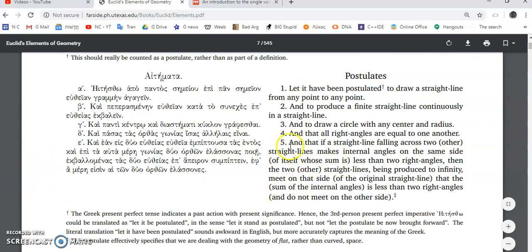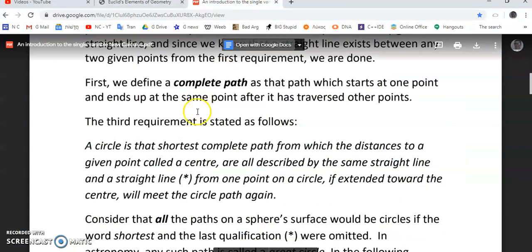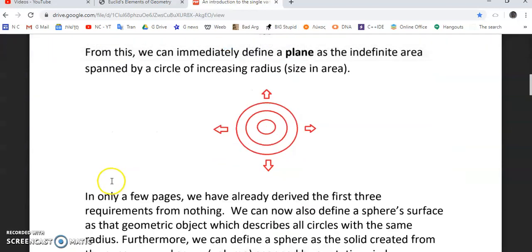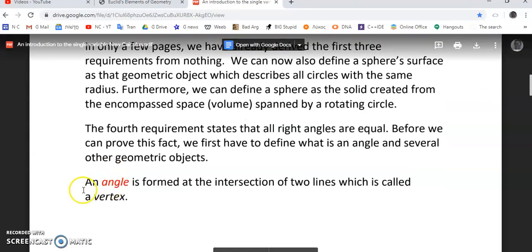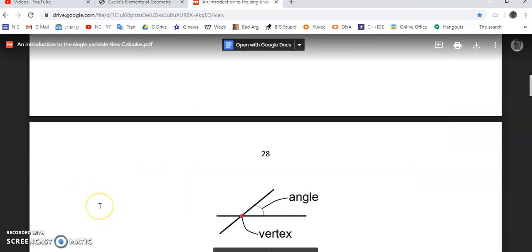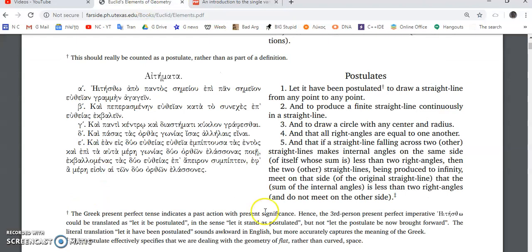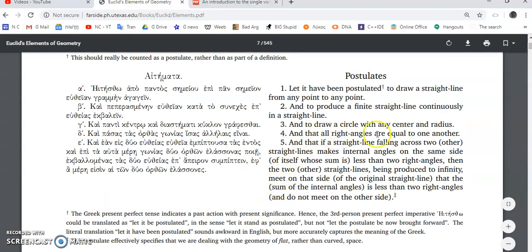So what I'm going to do is I'm going to stop here, and in the next video, I will show you some more definitions that are made from a circle. For example, I'll start defining angle and everything else so that I can get to this 4th one, which says, and all right angles are equal to one another, okay?